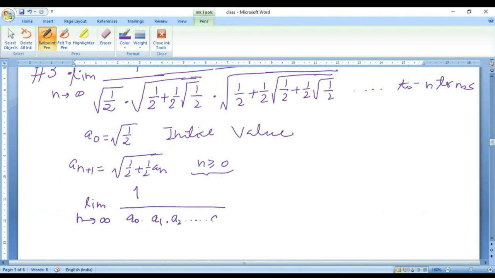The nth term will be a n minus 1. Don't make the mistake of a n. We want the nth term. This is first, corresponding to 0, this is second, this is first, and so this is nth. So the first term corresponds to 0, second to a1, third to a2, and so on. So we want to find this limit of a naught, a1, up to a n minus 1.